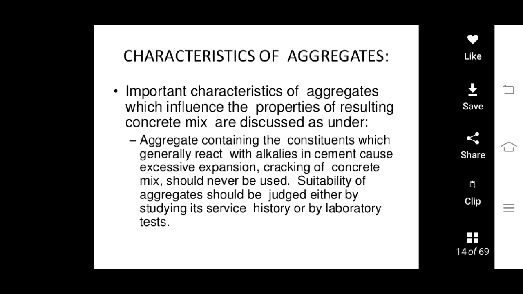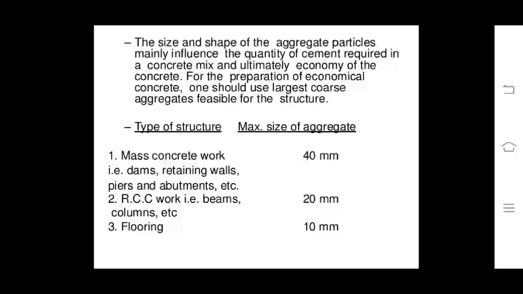Suitability of aggregate should be judged either by studying its service history or by laboratory tests. The size and shape of aggregate particles mainly influence the quantity of cement required in the concrete mix and ultimately the economy of the concrete. For the preparation of economical concrete, one should use the largest coarse aggregate feasible for the structure.